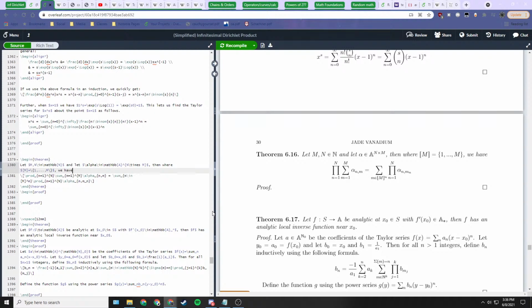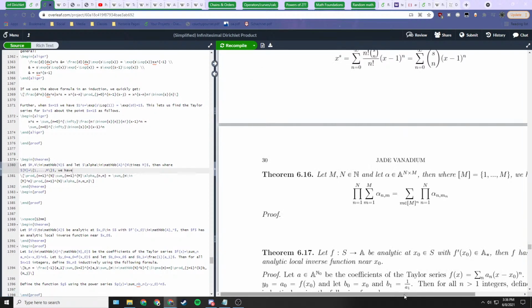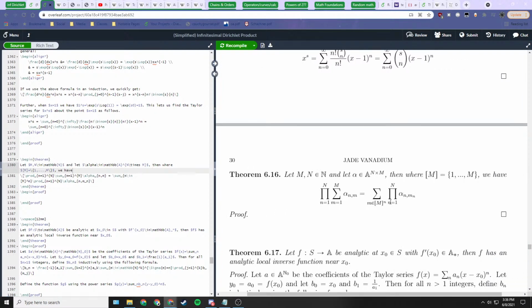Do you think this is a good notation? I have not decided how I want to express this notation.